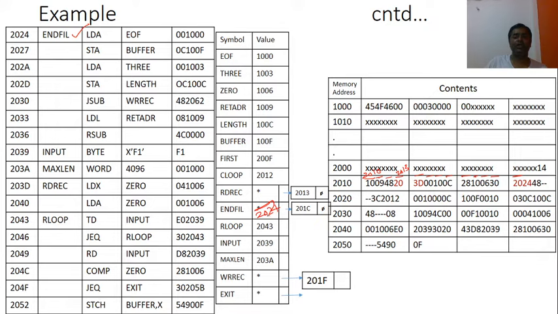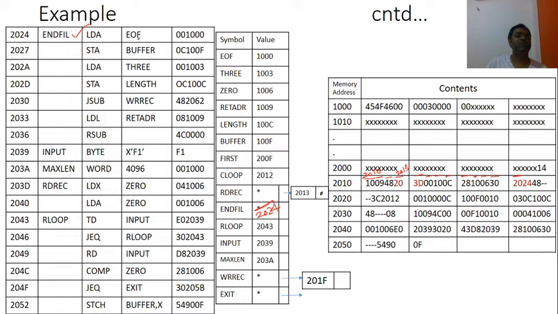So at address 201C, just insert 2024 because it was blank earlier. I have written 2024 in red color because this value is inserted at this time only, and earlier it was blank. Now this link will be removed, and ENDFIL has been defined.